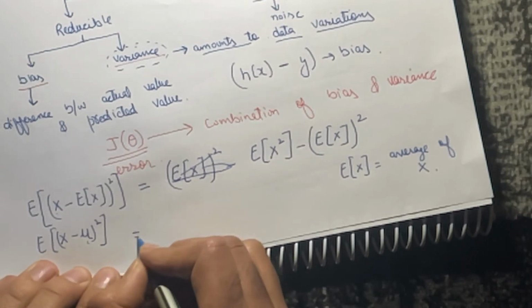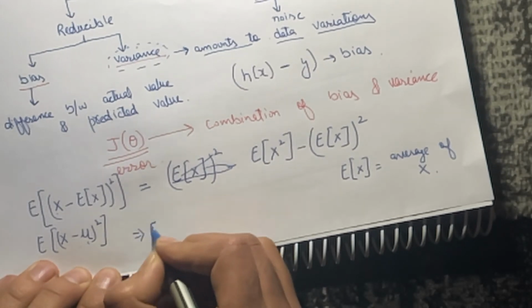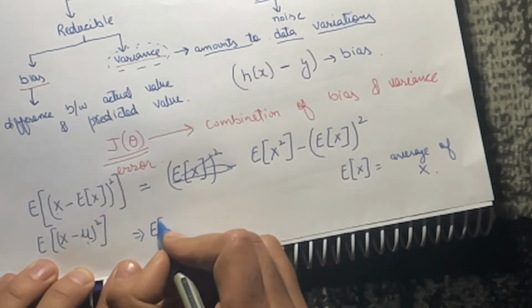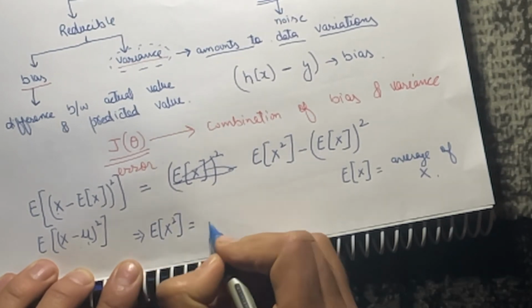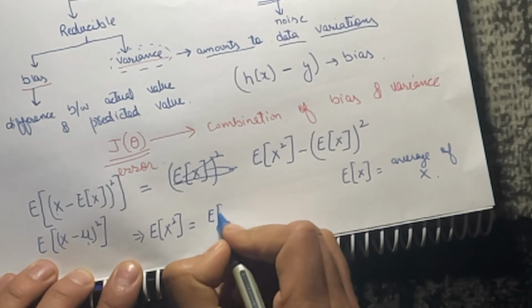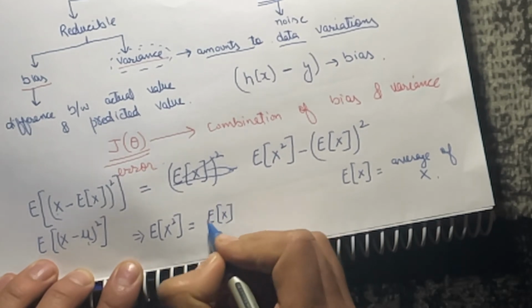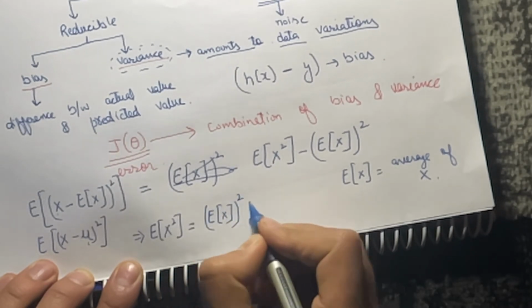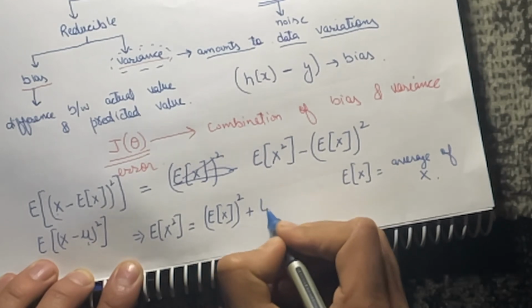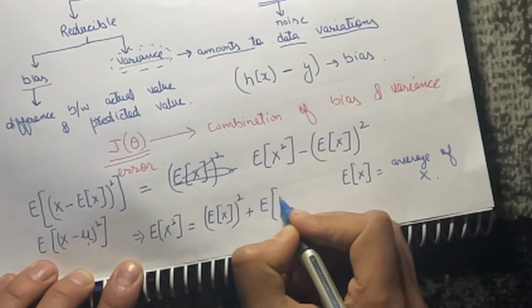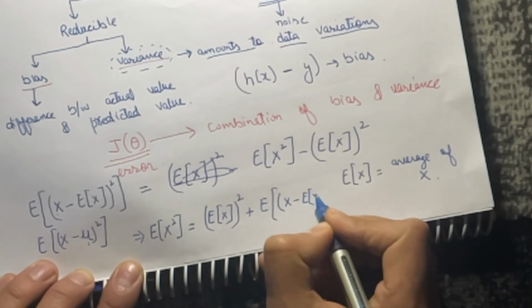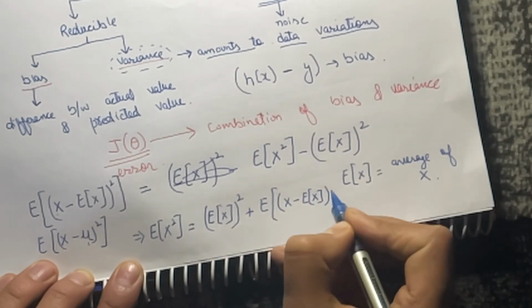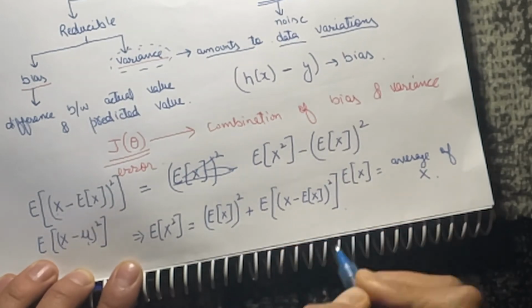And this can be written as expectation of x square is equal to expectation of x whole square plus expectation of x minus expectation of x square. This is the equation that you have to keep in mind.